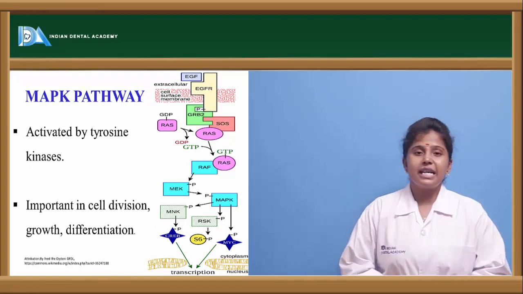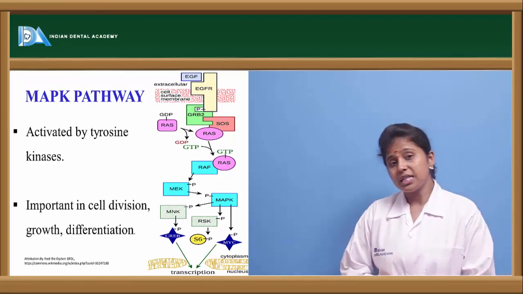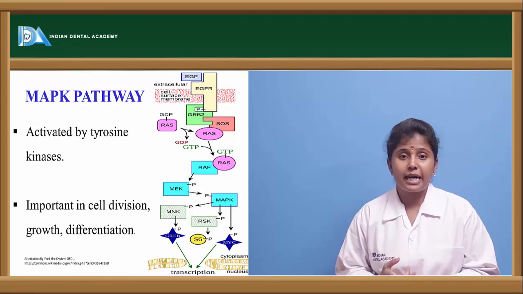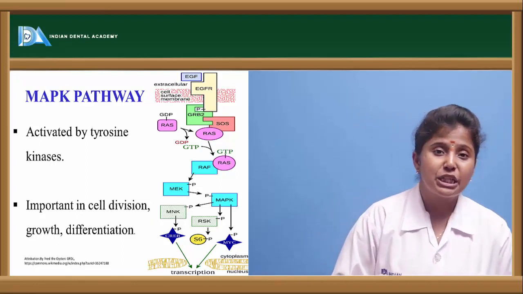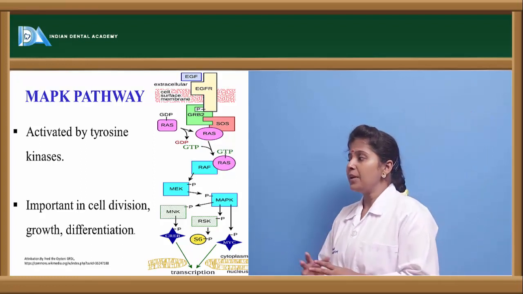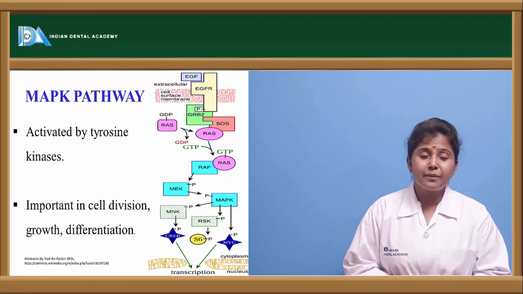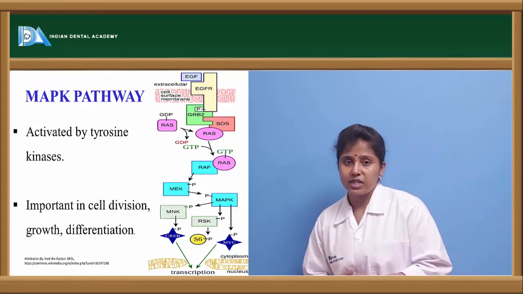If we see the MAPK pathway, this enzyme linked pathway has two mechanisms. One is the MAPK pathway and the other one is the JAK-STAT pathway. The MAPK pathway is activated by a mediator called tyrosine kinases.